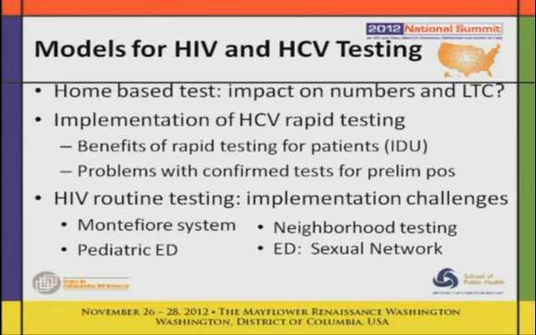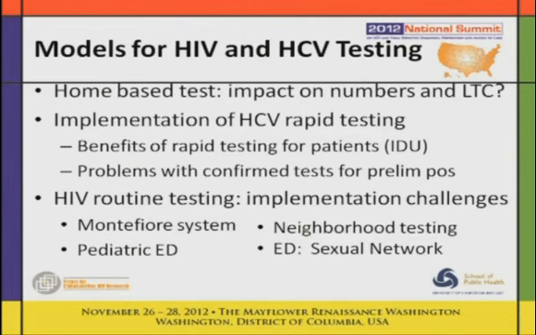The next two presentations were on the implementation of HCV rapid testing and the acceptability of rapid HCV testing for patients, and there were two cohorts that were looked at. One was a group of injection drug users from California, and the other was about 2,000 people in New York.